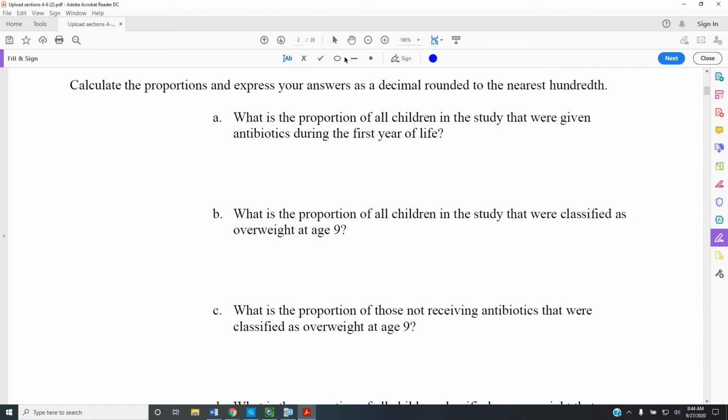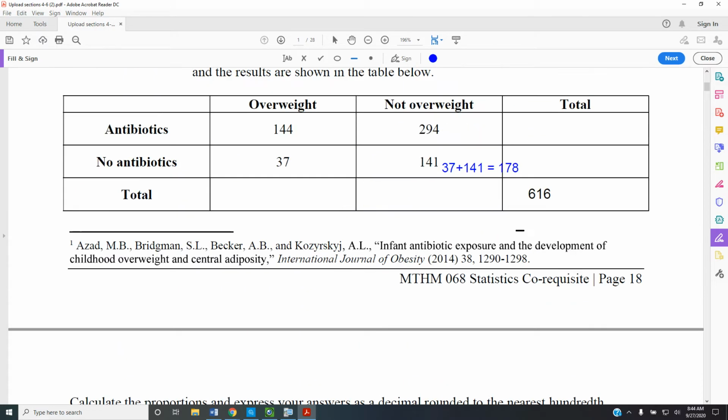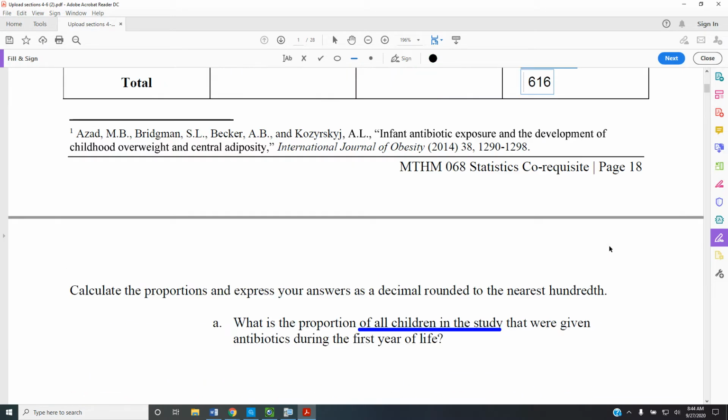And by that, what I mean is that we need to find out that this is a proportion of all children in the study. Okay, so when I'm talking about what the population is, that's the first thing I'm identifying right there: all children. Well, if I go back to the page before, all children is 616. It's that total value of everybody.